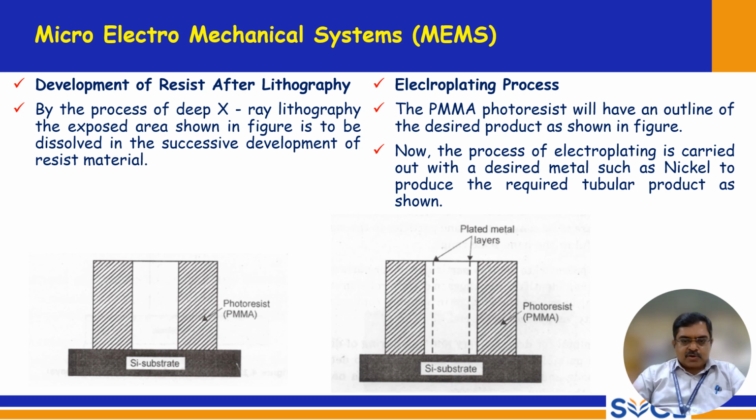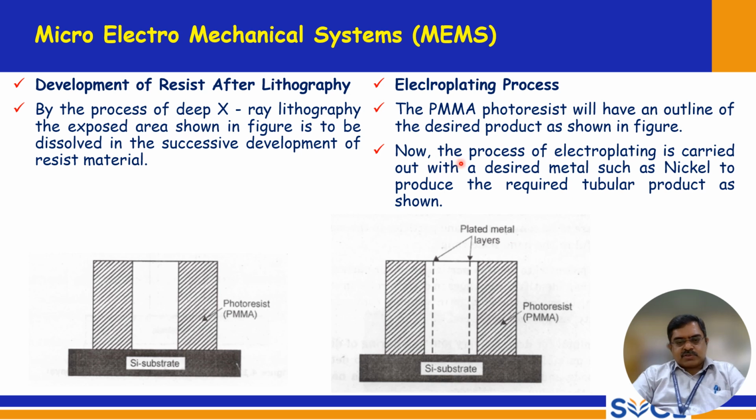So here is the development of resist after lithography by the process of deep X-ray lithography. The exposed area shown in the figure is to be dissolved in the successive development of the resist material, and this is followed by an electroplating process. The PMMA photoresist will have an outline of the desired product as shown in the figure.